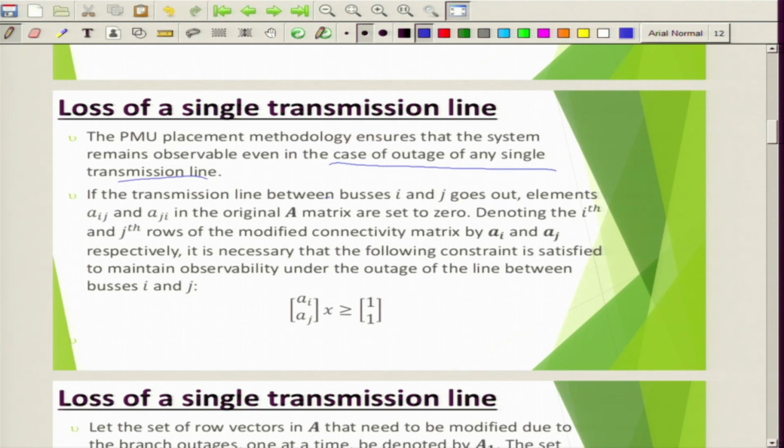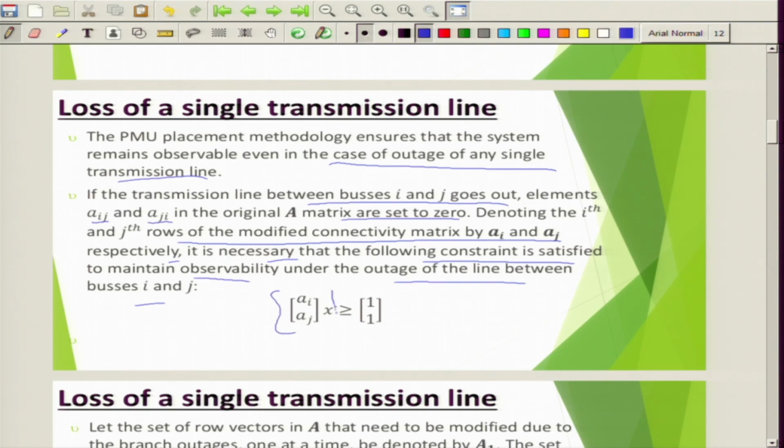If the transmission line between buses i and j goes out, and elements aij and aji in the original A matrix are set to 0, obviously now the entry will be 0. Denoting the ith and jth rows of the modified connectivity matrix as ai and aj respectively, it is necessary that the following constraint is satisfied to maintain observability under the outage of the line between buses i and j.